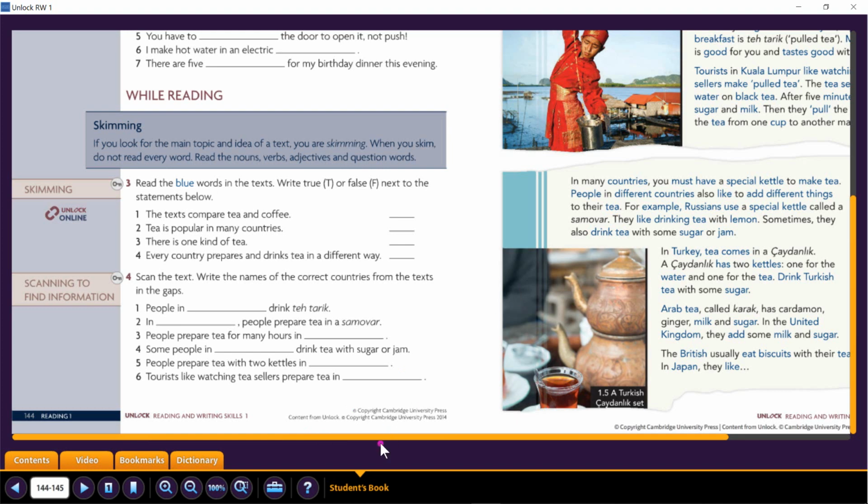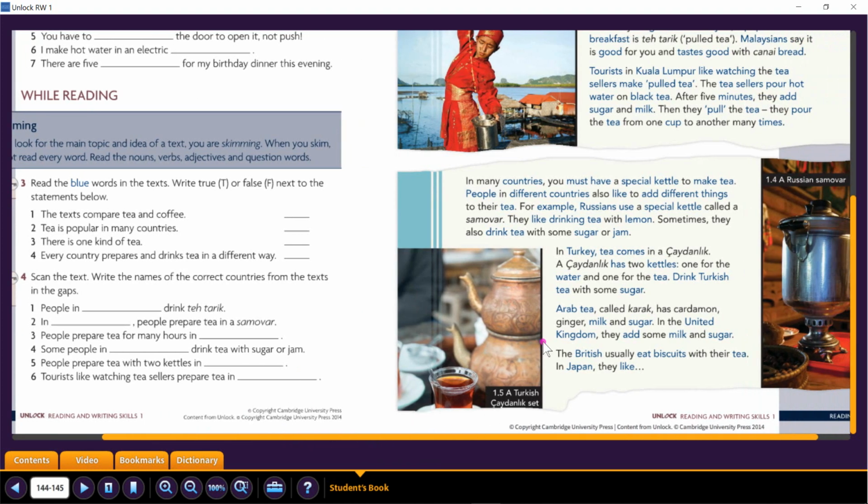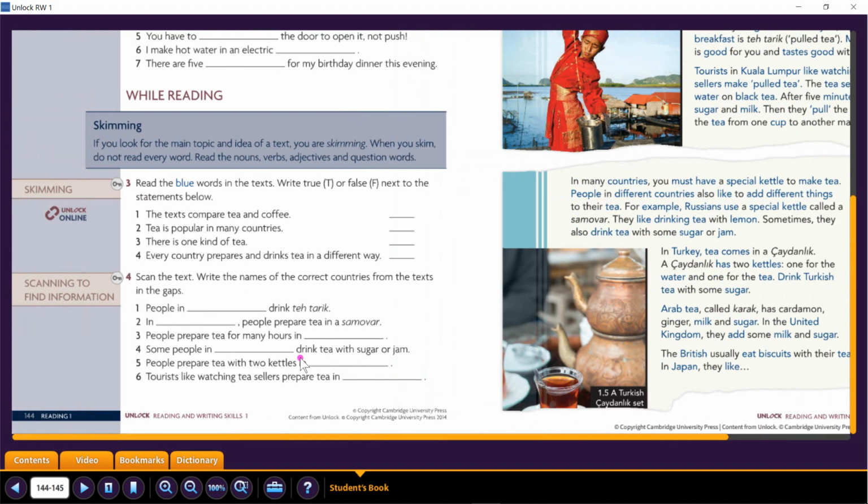So you can skim and scan at the same time to answer these 2 questions, but for now, ladies, you are requested only to skim, to have a quick reading for the main ideas only.